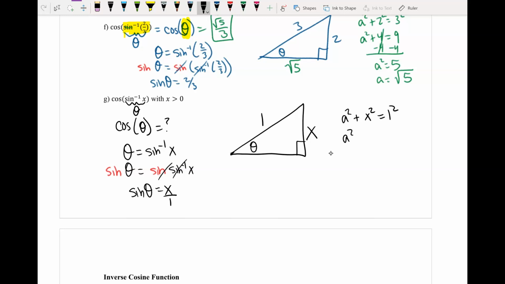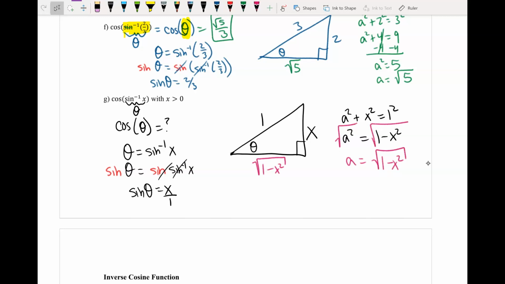So you got a squared is equal to 1 minus x squared. Take the square root. So a is going to be equal to the positive square root of 1 minus x squared. Since I know that x is positive, we're looking at the first quadrant, so it makes sense for this to be positive as well.